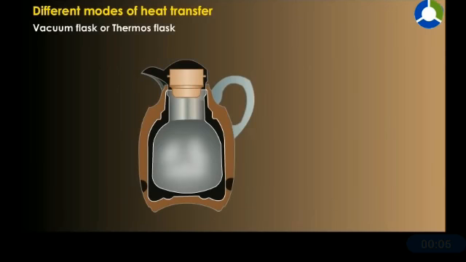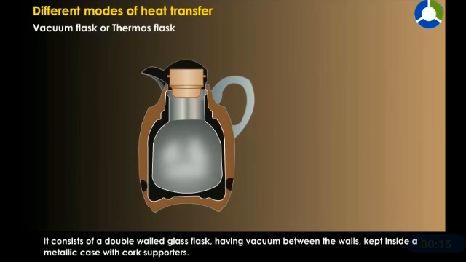Vacuum flask or thermos flask. Thermos flask is used to keep things warm and cold. It consists of a double-walled glass flask having vacuum between the walls kept inside a metallic case with cork supporters.